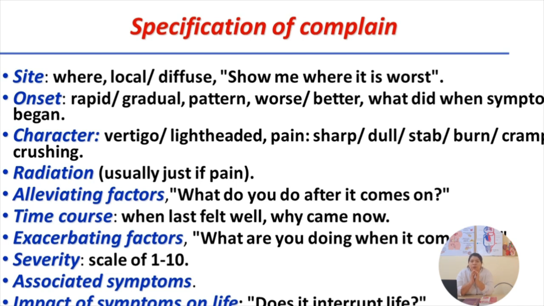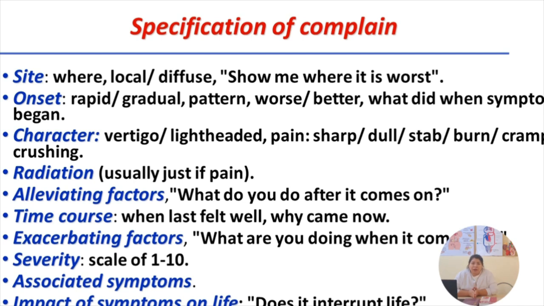Radiation: where does this pain radiate, for example, to the left arm, to the back, to the abdominal region. Alleviating factors, time course, exacerbating factors, for example, this pain occurred during physical or emotional overloading. Severity of pain from 1 to 10, for example, mild pain or very severe pain.